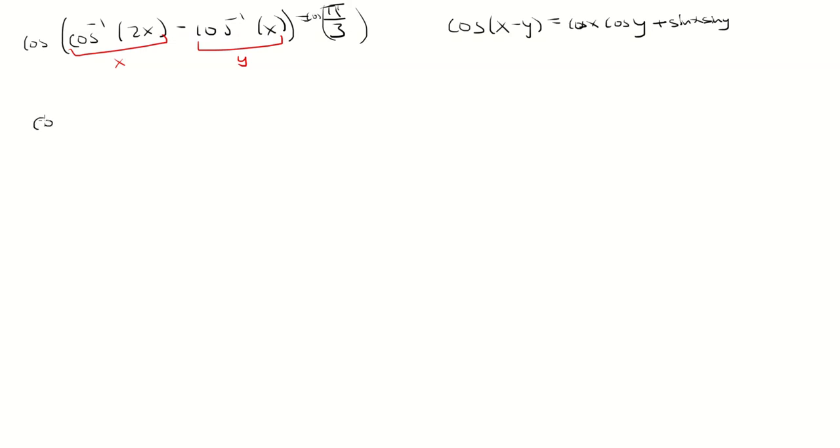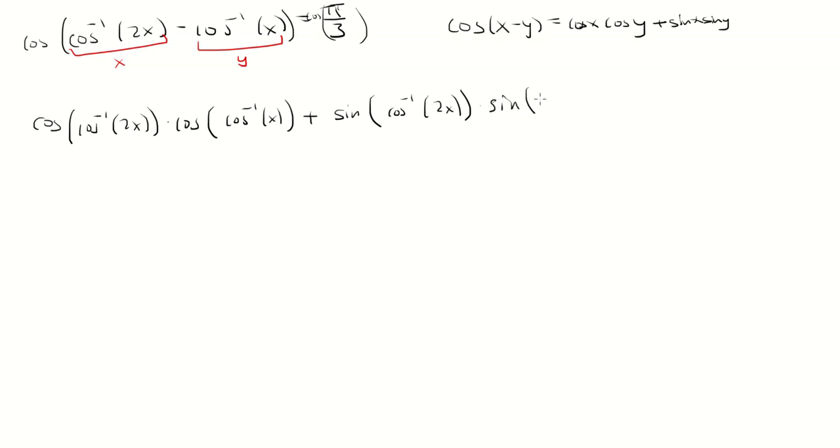So we have cosine of inverse cosine of 2x times cosine of inverse cosine of x, plus sine of inverse cosine of 2x times sine of inverse cosine of x. And that's going to equal cosine pi over 3, which is a half.